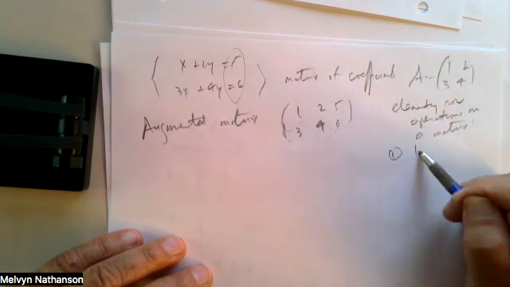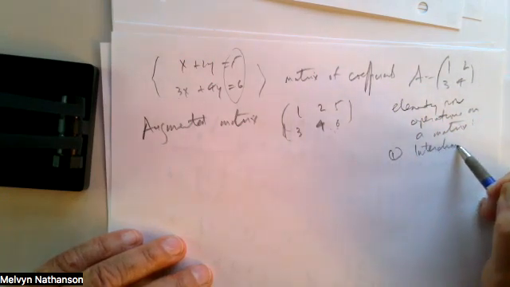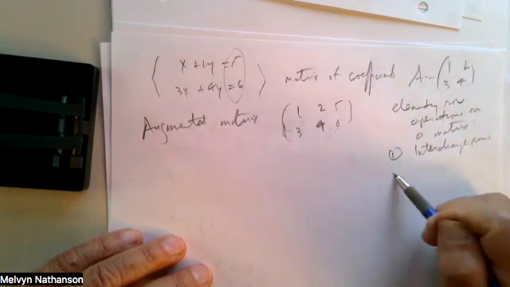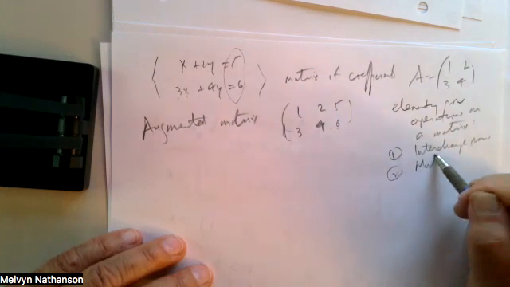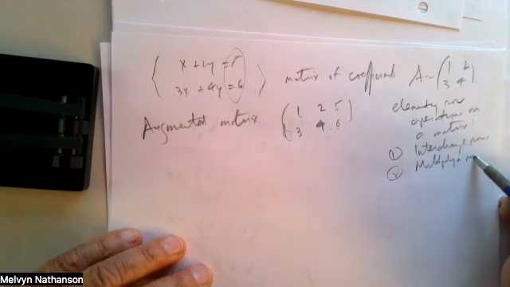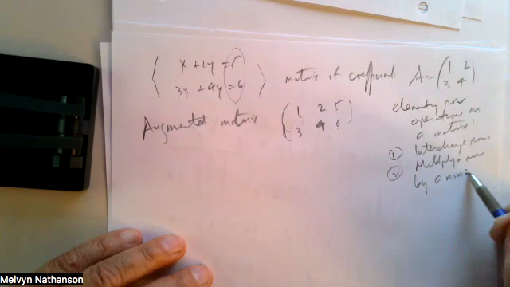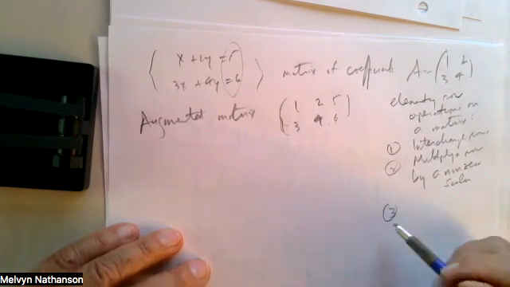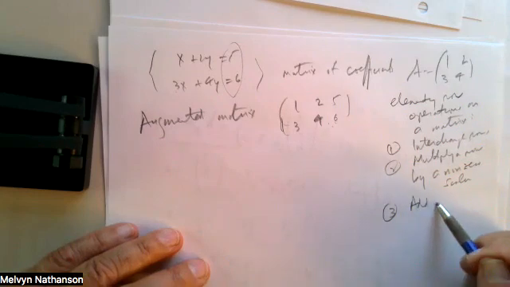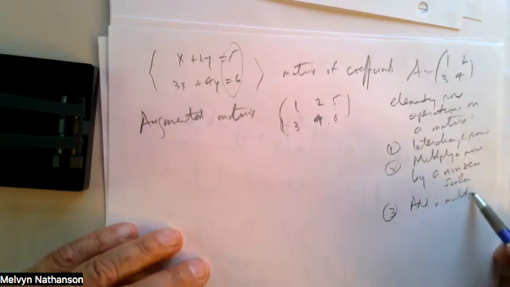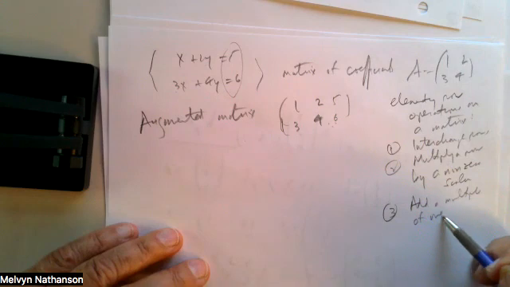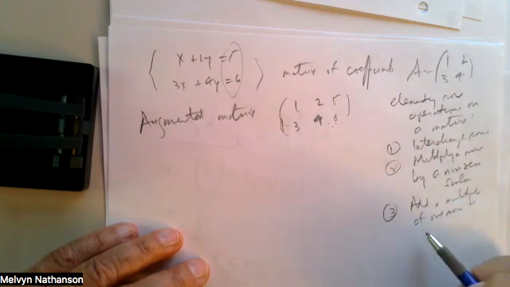There are 3 of them. You can interchange rows. You can multiply a row by a non-zero scalar. And you can add a multiple of one row to another row.